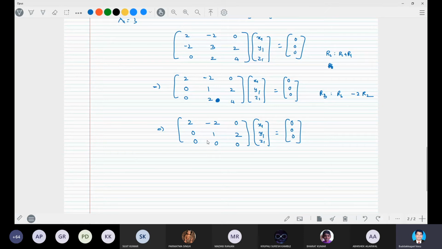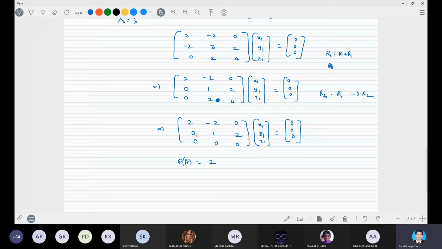Now tell me, what is the rank of the coefficient matrix? This is in row echelon form. Rank of the matrix is 2, right? Why?